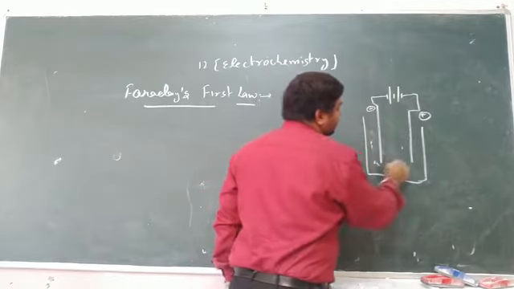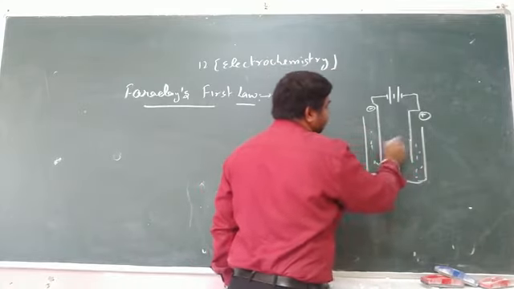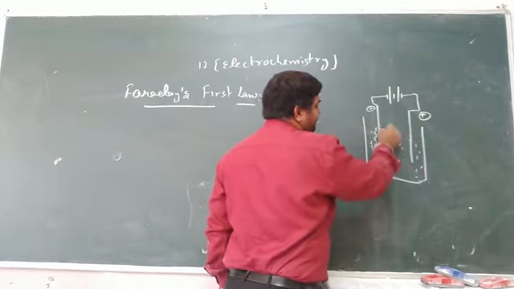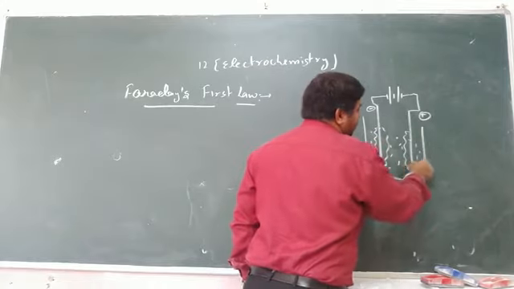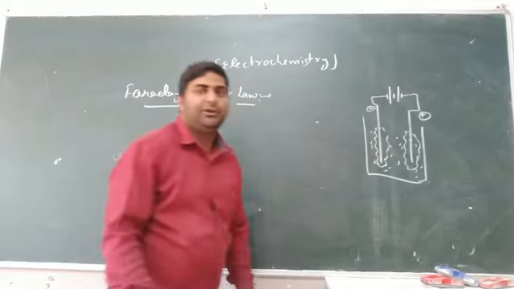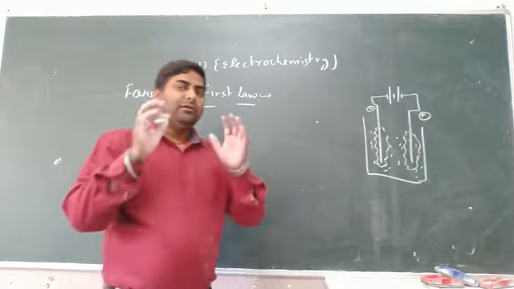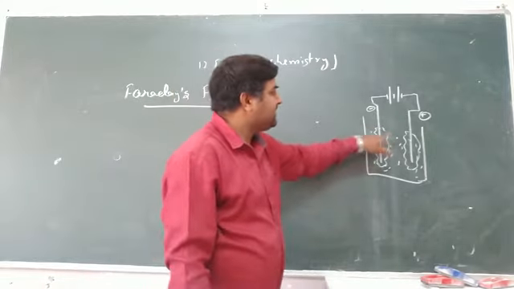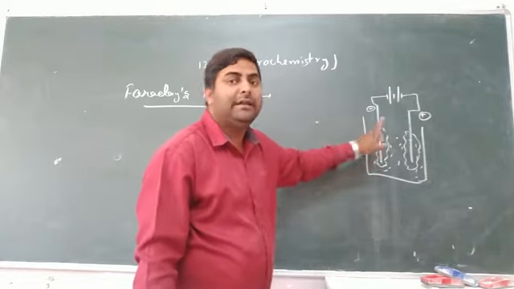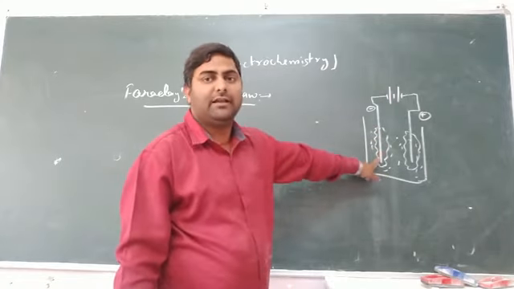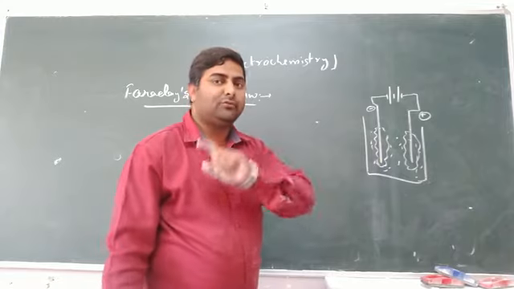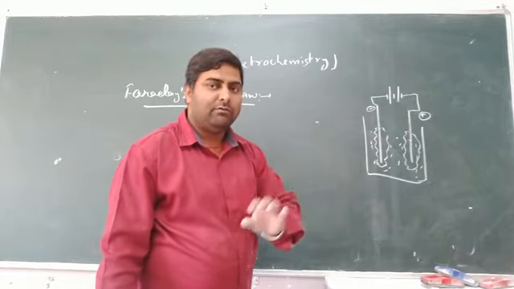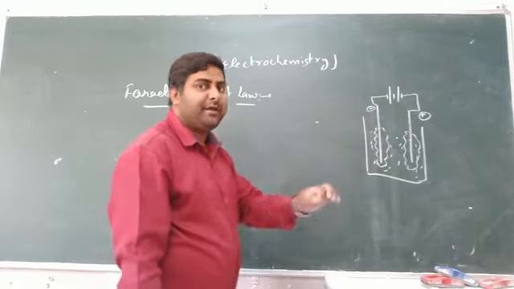When electrolysis is being carried out, the positive ions and negative ions get neutralized. So during electrolysis, the amount of the substance liberated or deposited at the respective electrodes is directly proportional to the amount of electricity passed through it.